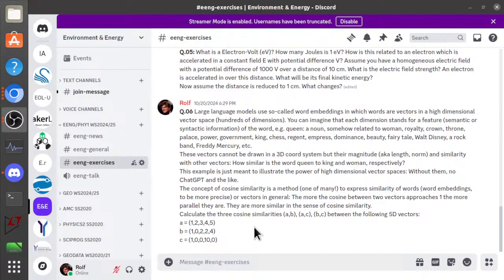This is what people are using in so-called word embeddings in large language models. So words are represented in series of numbers, right? And you can think of this series of numbers being a point in a vector space. And they can be very high dimensional, 700 numbers or so, representing one word.